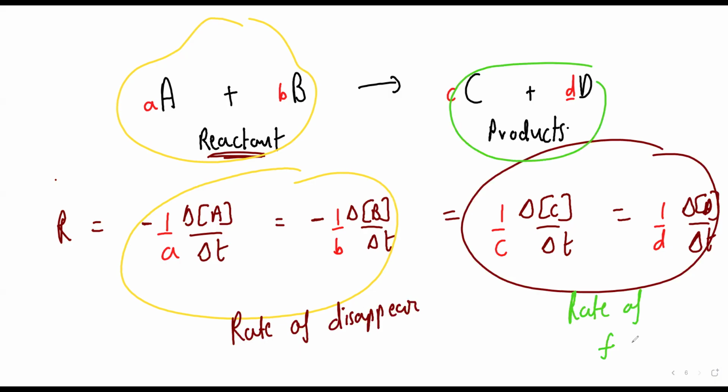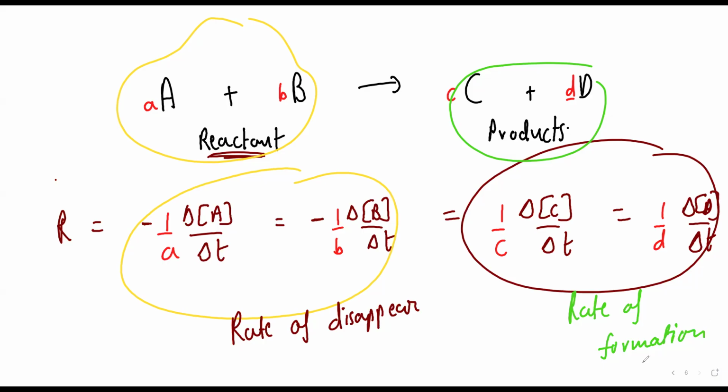By common sense, in every reaction, the speed with which the reactant disappears, with equal speed the product will be formed, or not? Tell me, during the course of reaction. Now I'm going to apply this, and this expression is known as the differential rate expression.